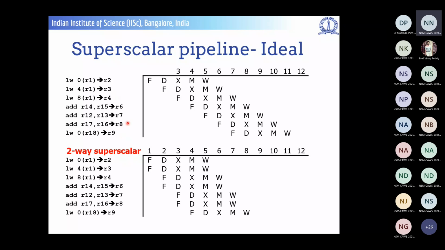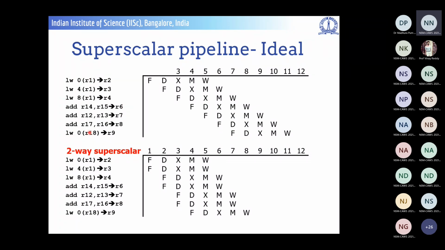Now, if you look at this stream of instructions, there is no need to stall the pipeline. I thought there was a dependency here, but no, sorry, I got confused, R8 and R80. Anyway, just discard that.